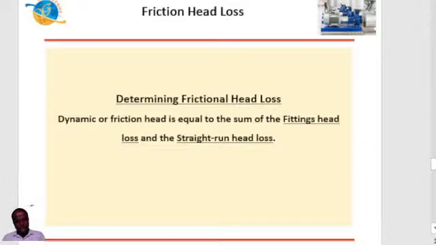So the question now is, how is the fittings head loss calculated, and how can you determine the straight run head loss, so that the sum of these two can give you your frictional head loss? Because you are going to need it by the time you are calculating the total head requirements for the pump you are intending to purchase.